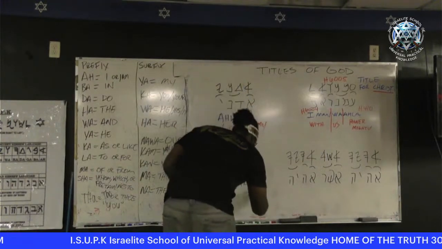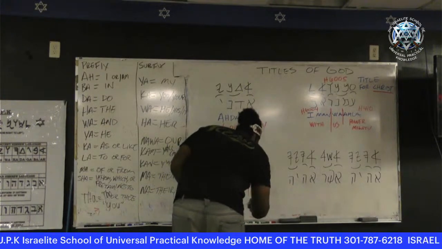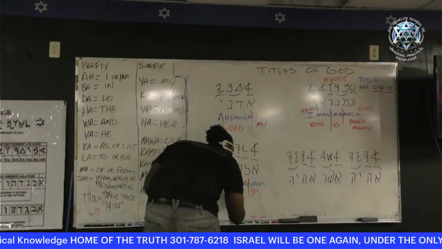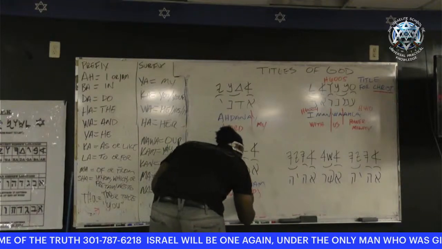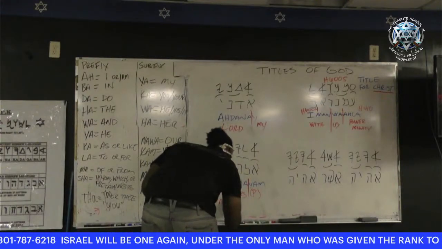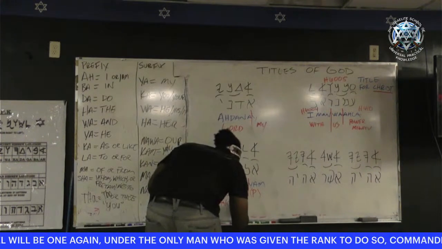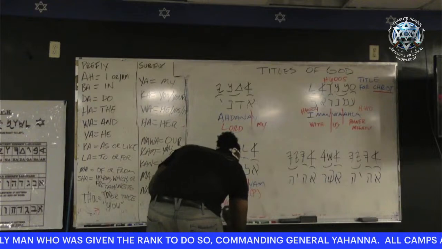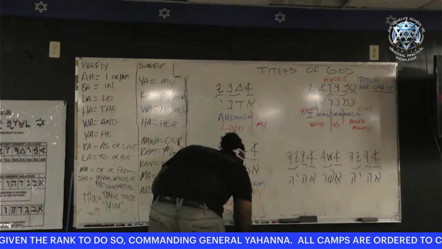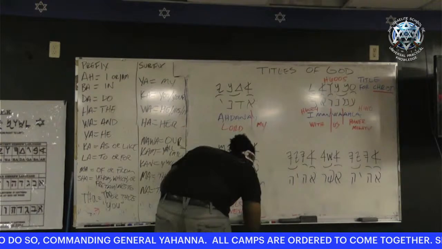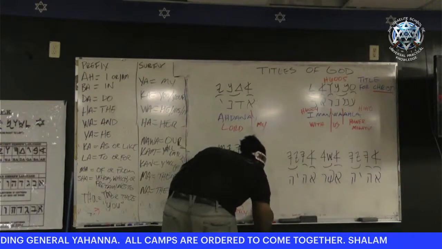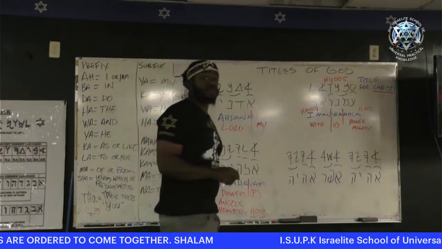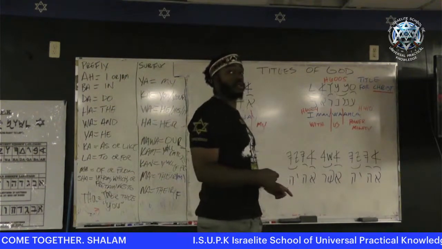So this is plural. This is powers. This is the angels, also known as the heavenly hosts. So these are the angels talking to Moses, right?